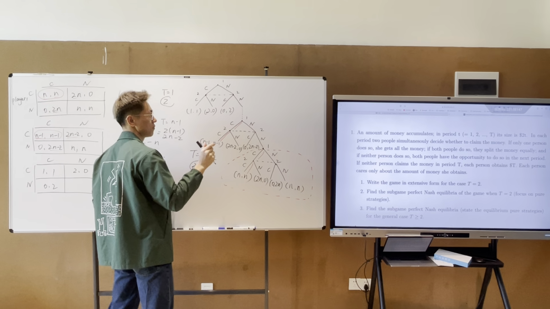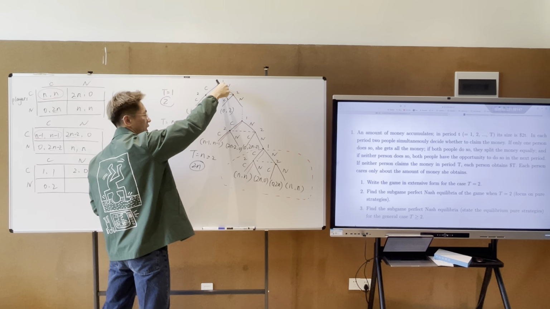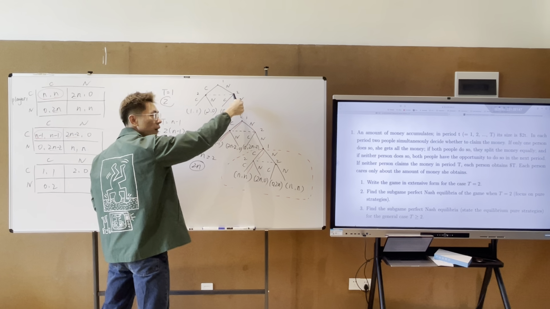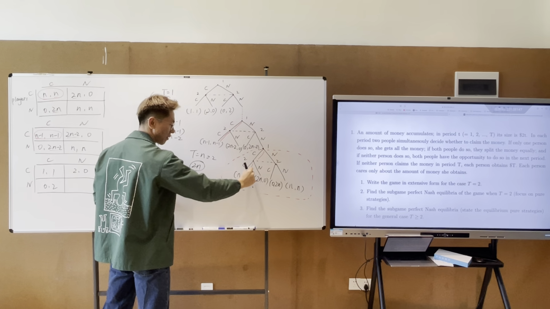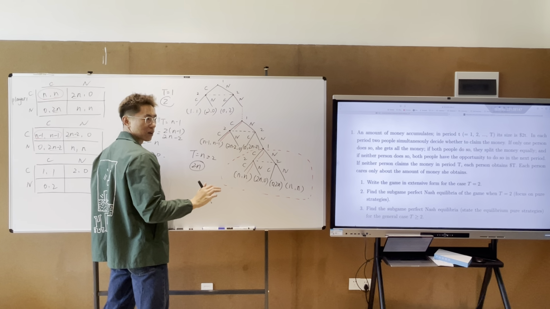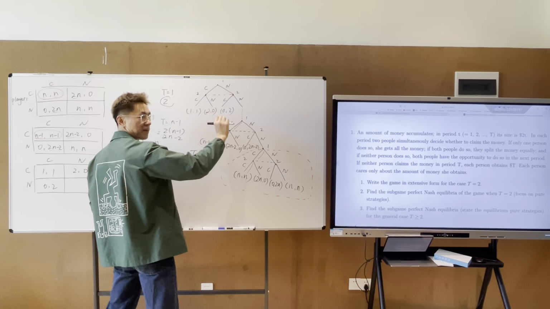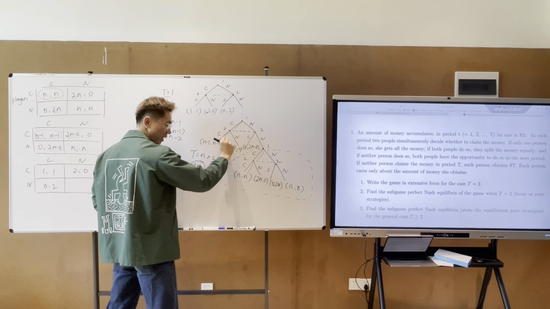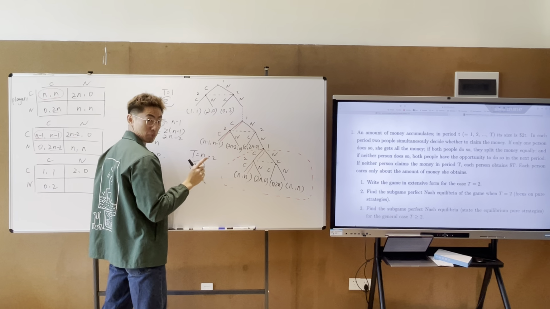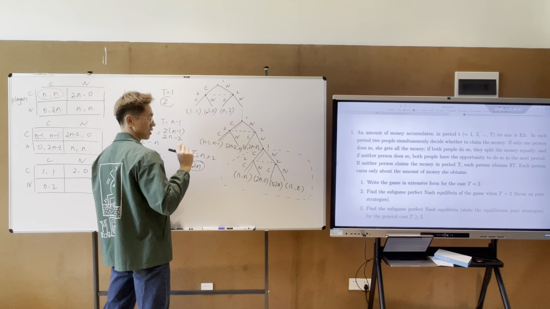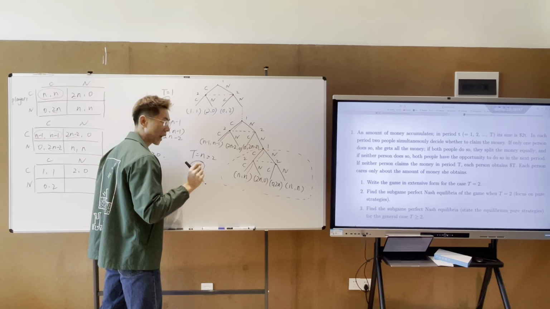Let me say it again. In period 1, if both players choose not to claim the money, the game will never arrive at here, or any other place. It will only arrive at period 2, because in period 2, both of the players will choose to claim the money. And the game will definitely end in period 2. Okay?